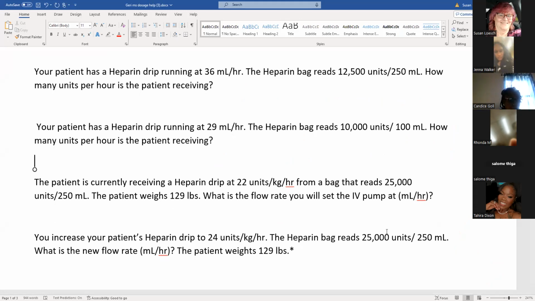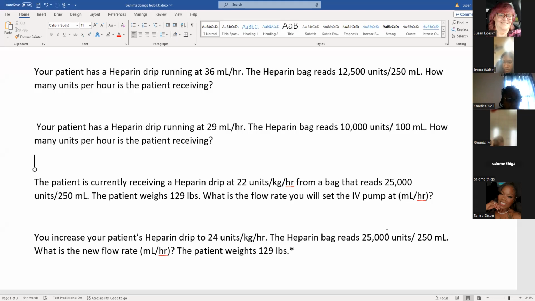So we have to see what we have on hand. What's your first step here? You're going to use what you have on hand to calculate what? How many units per hour will we be administering? How many units per ml, not per hour? First, you need to know how many units per ml.